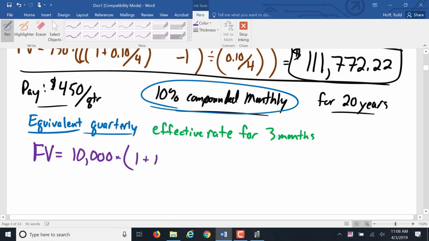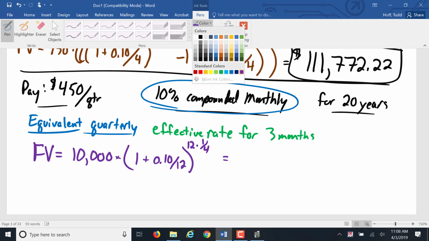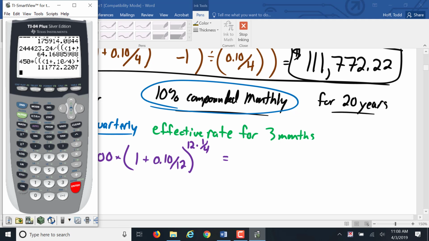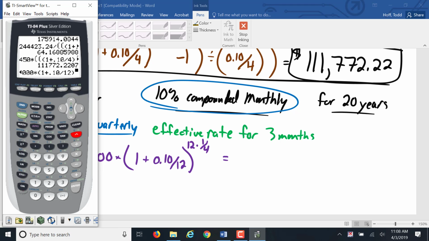Times 1 plus our 10%, so that's going to be 0.10, divided by 12 to the power of 12 months in a year, but to a quarter of a year. So that's only to 3 months. So 10,000 times, parentheses, 1 plus 0.10 divided by 12 for the monthly compounding, but I'm just going to put it to the power of 3 here, because 12 times 1 quarter is 3 months.